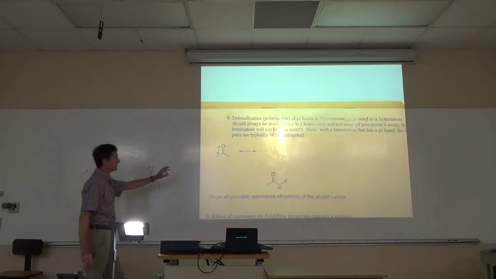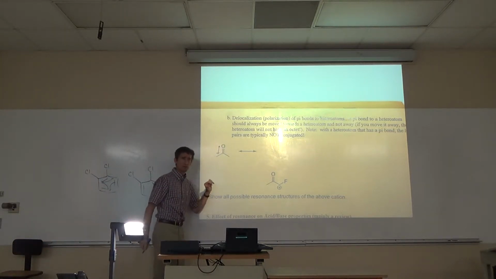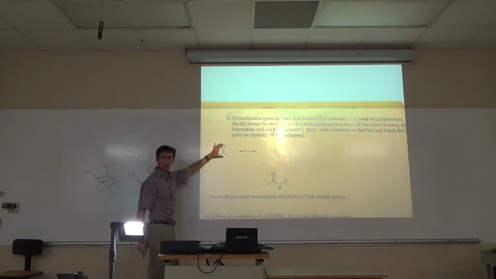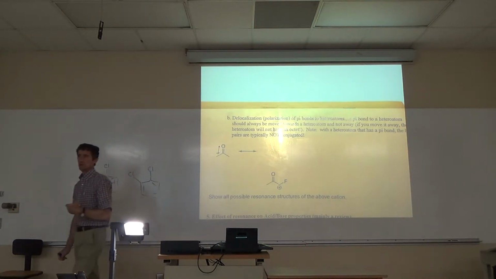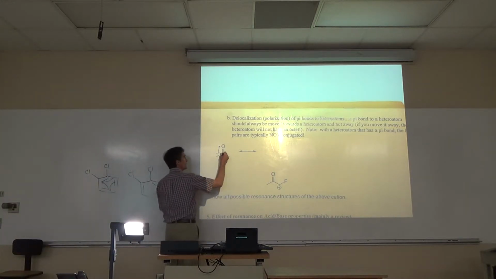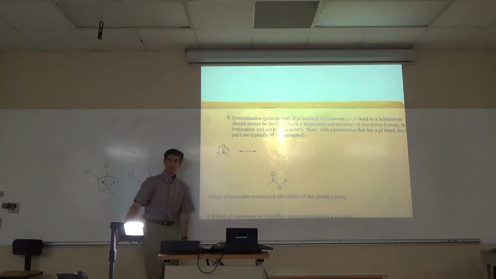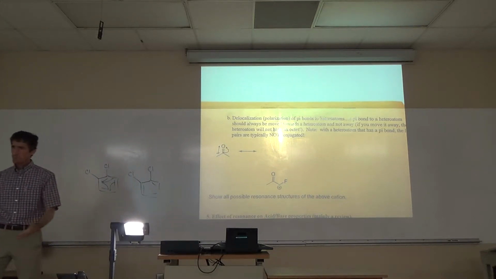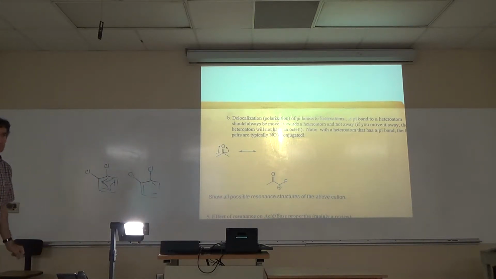We've got a pi bond. We've got pi electrons. These pi electrons are pulled towards that oxygen. That can help us draw a resonance structure. We can just move the pi electrons up to coincide with the polarity that we see.